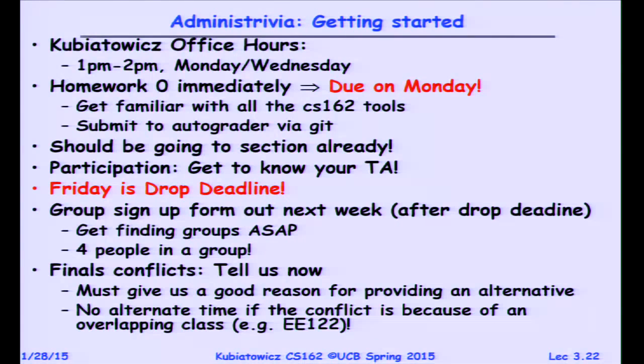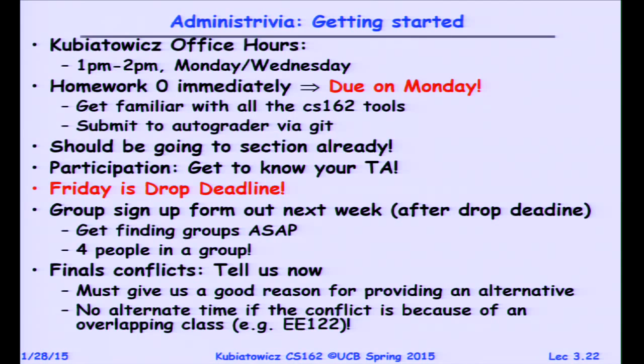But I would suggest not taking 2 classes that overlap in actual hours. Other than that, if you have a really good reason or good conflict for finals, let us know earlier rather than later, because we're going to have to figure out what to do about it. But if you have a conflict, you have to give us a good reason, which, like I said, doesn't include EE 122. Any other questions?